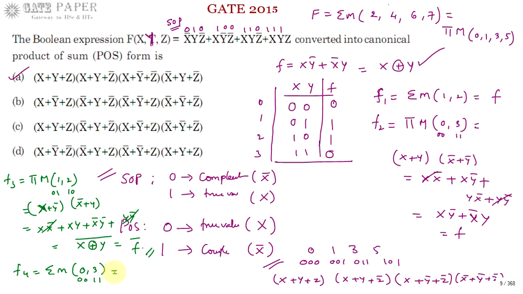So the sum of products expression is x bar y bar plus xy. Again it is f bar only.